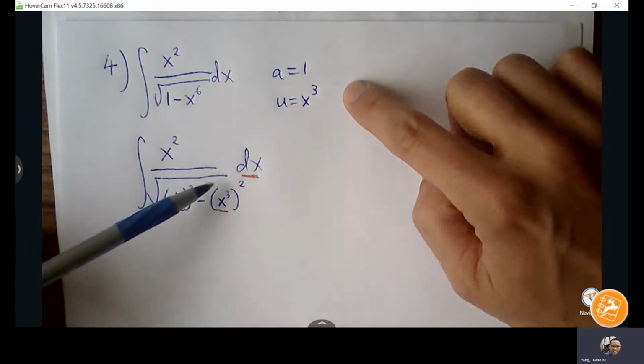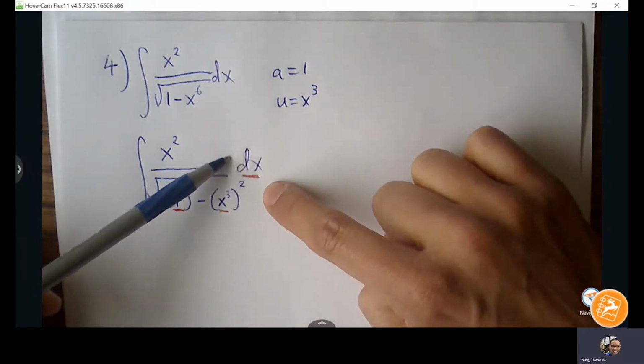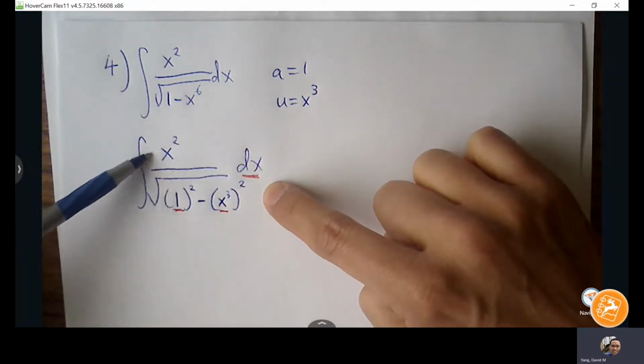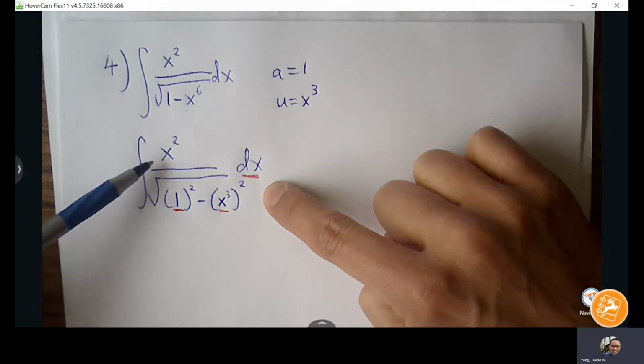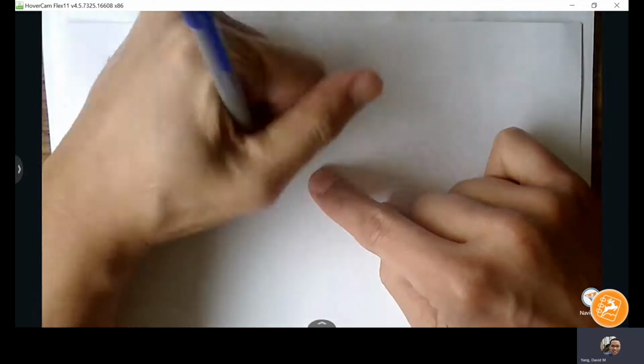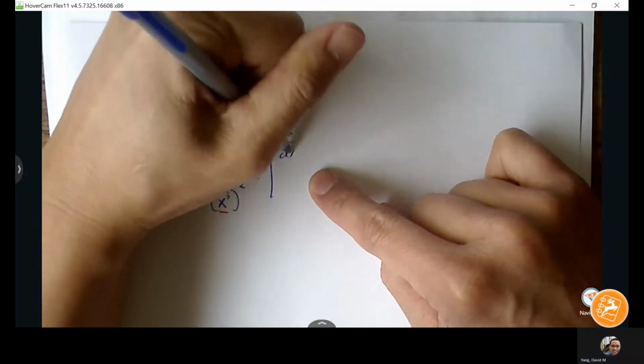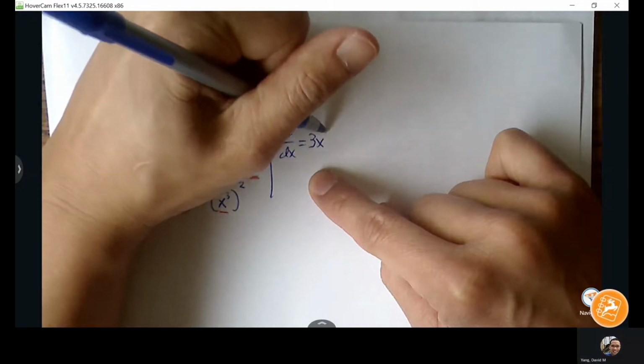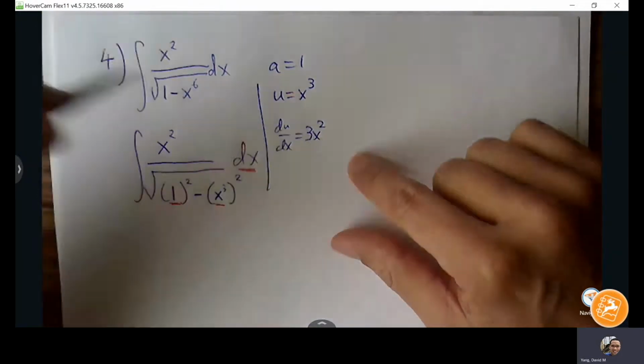We're going to go through a little bit of u substitution to get that dx to be replaced, and also we need this x squared to go away, right? This x squared is not suitable for the arc sine rule that we're trying to match up with, but we'll see what happens. Okay, du dx. And cross multiply.